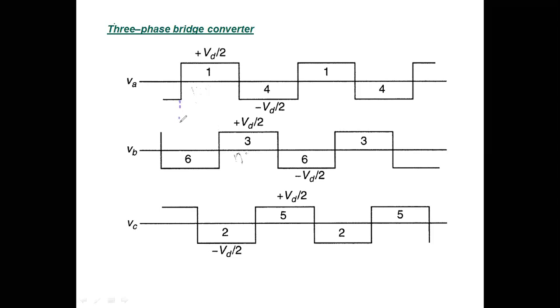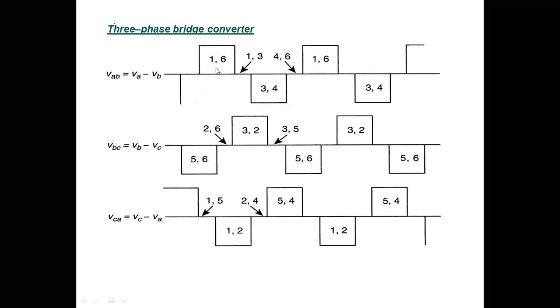Please remember, in this one, 1 6 is conducting. In this one, 1 3 is conducting. Here 4 3 is conducting. Here 4 6 is conducting. Like that, the turn off devices which are conducting are also clearly shown here: 1 6, 1 3, 3 4, 4 6.